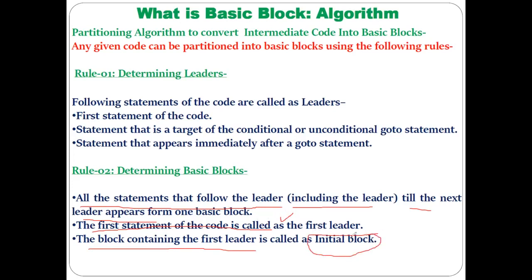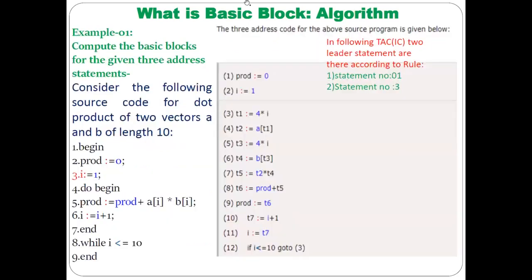So we apply these rules to the example and partition the given intermediate code into basic blocks. Let's take the example and try to apply the partitioning algorithm to determine the basic blocks.